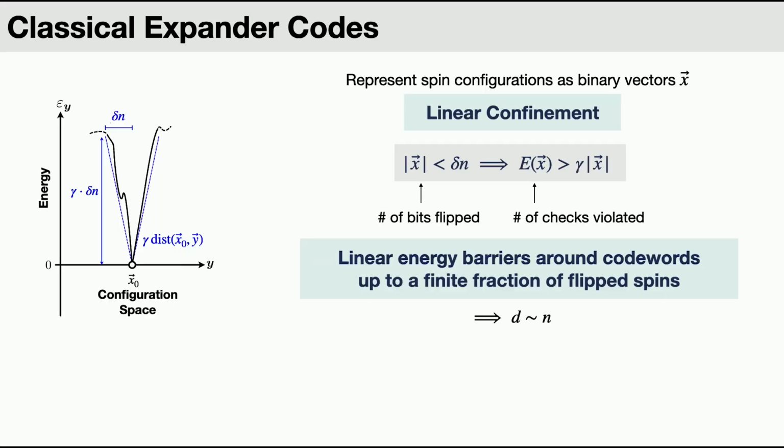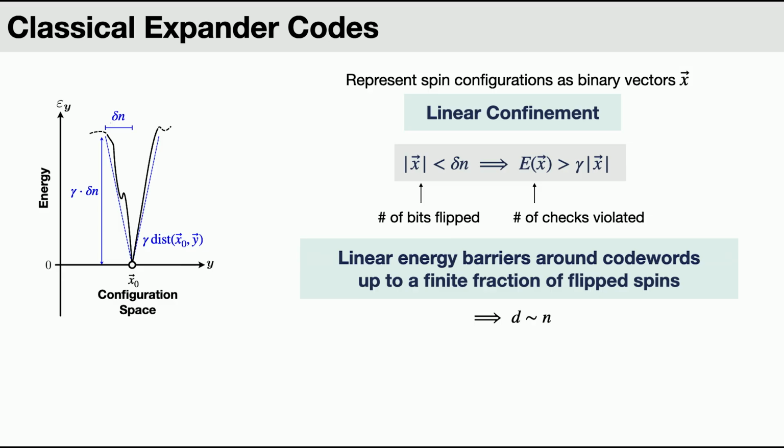Okay, so delta is some number less than 1, and delta times n means that I go in and flip a finite fraction of all spins, let's say a quarter. And as I flip all of these spins, the energy cost that I encounter, which is how many stabilizers I violated, scales linearly with the number of spins flipped.